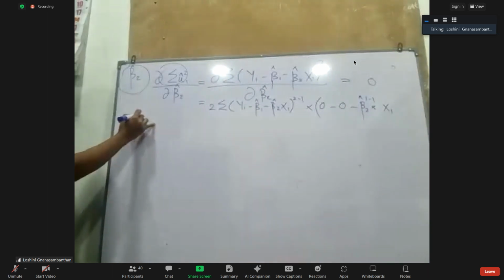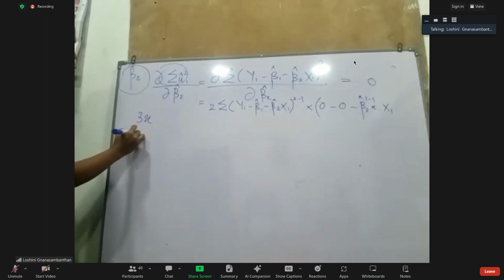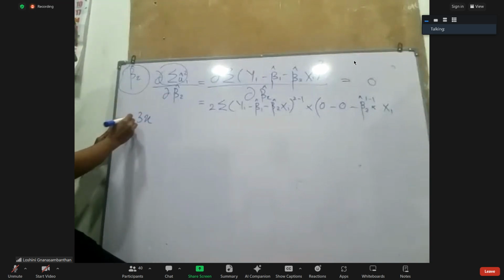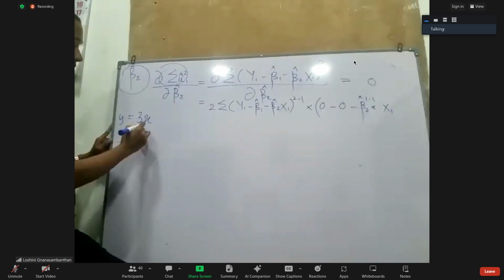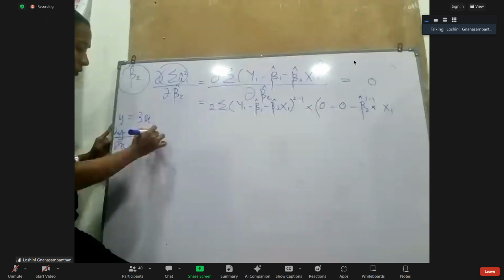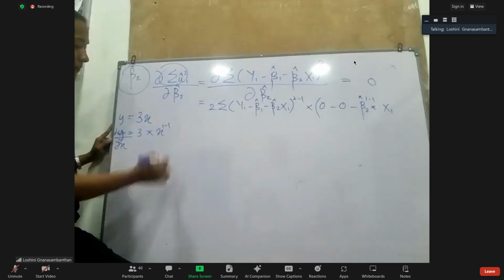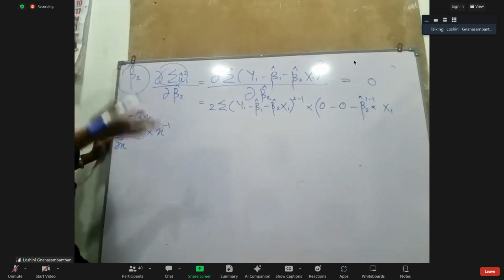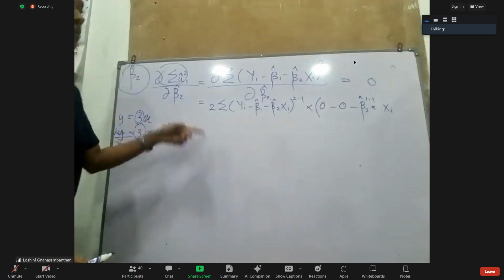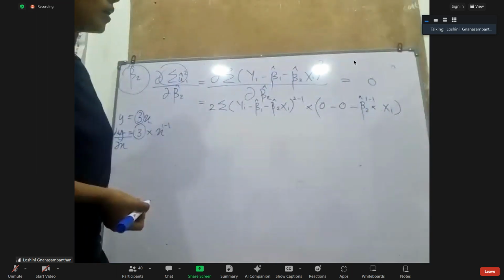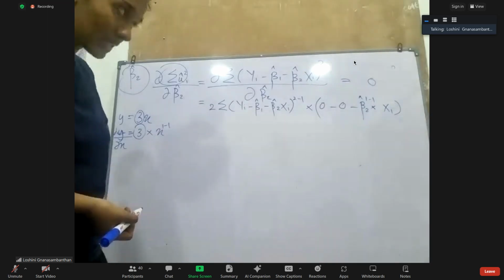If I tell you 3x, then if you want to differentiate this function, we already do 3 into x to the power 1 minus 1. Because this constant is multiplied with x, you have to do that. Okay, so I hope that's clear.